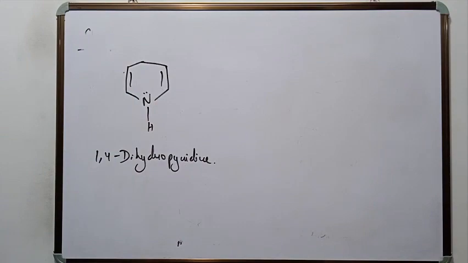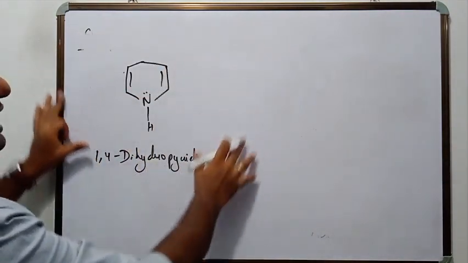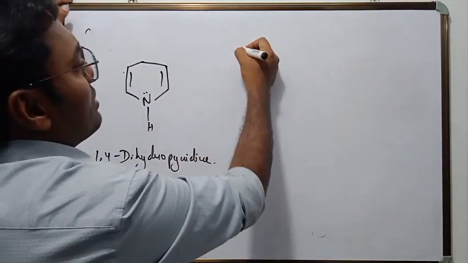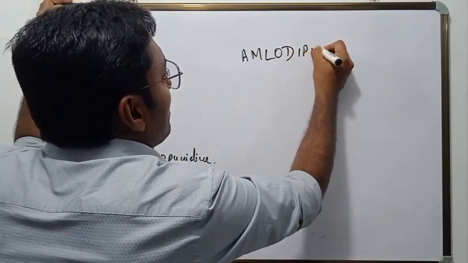I will write down the drugs in which you will find this 1,4-dihydropyridine structure. The first is amlodipine. Amlodipine, you might have heard its name.